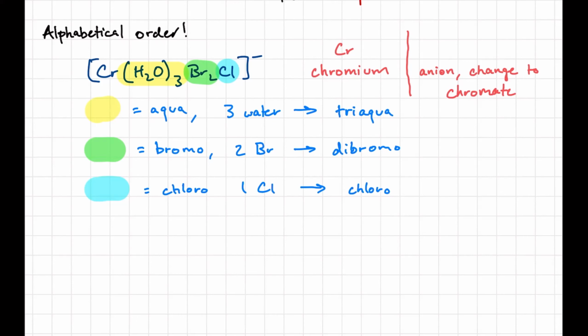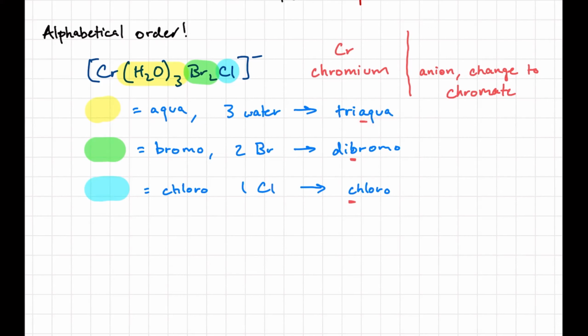And so for this part now, to piece everything together, we look at the ligand name in terms of alphabetical order. So even though, if you were to consider only the first letter, T versus D versus C, you would think, oh, chlorine would come first, or the chloro would come first. But we actually have to look at the ligand.